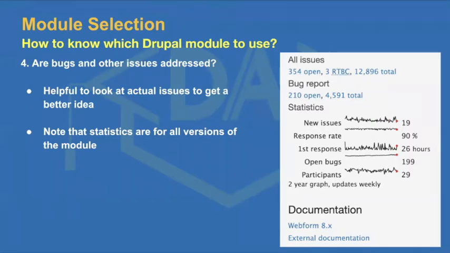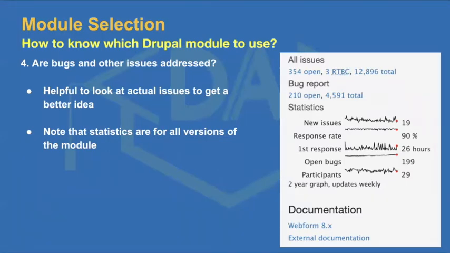However, coupled with what we've been looking at, that this is a considerably used module, so the number was nearly 500,000 websites, 210 bugs doesn't seem that high to me anymore, especially when the second part of this bug report says that there's been about 4,500, 4,600 total bugs, and most of them have been resolved.